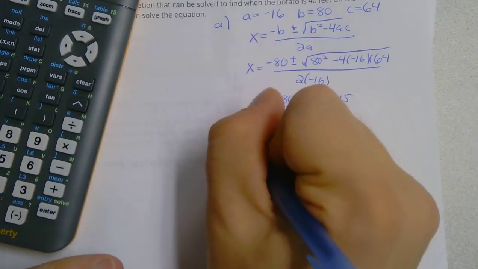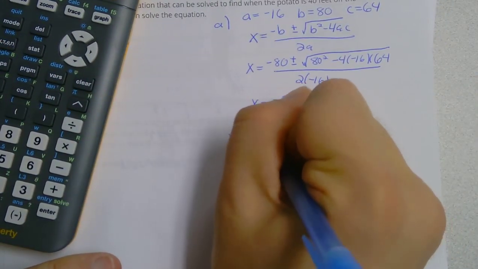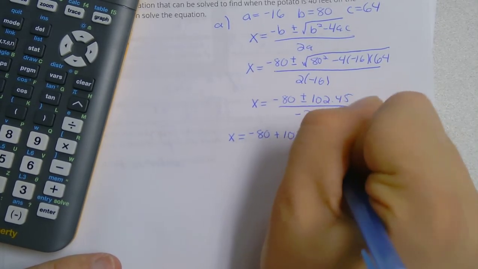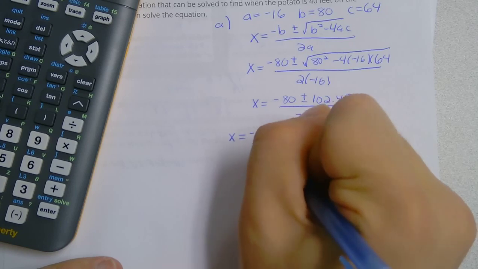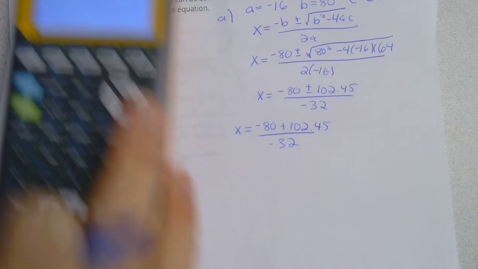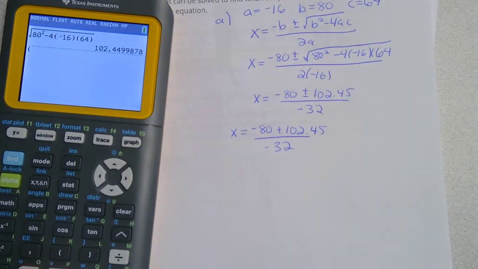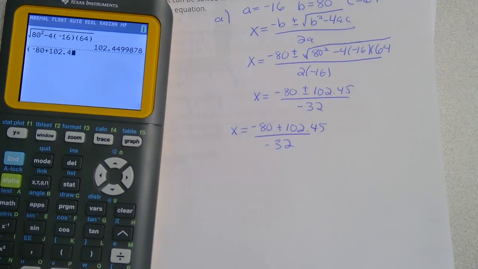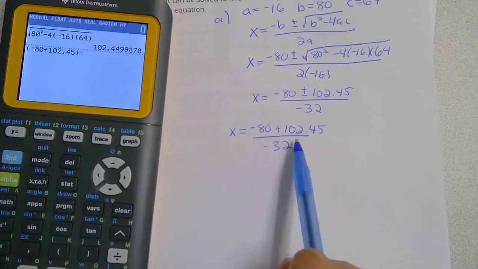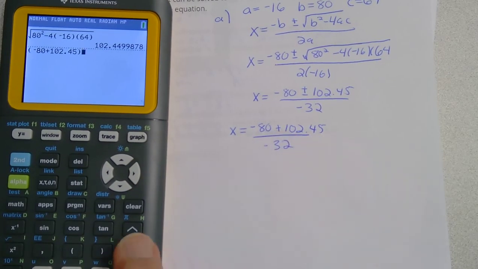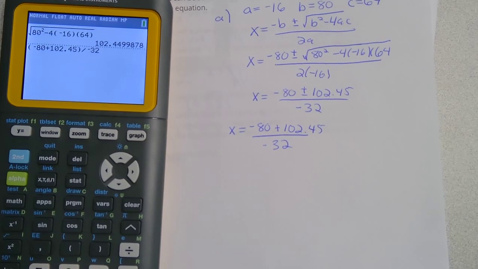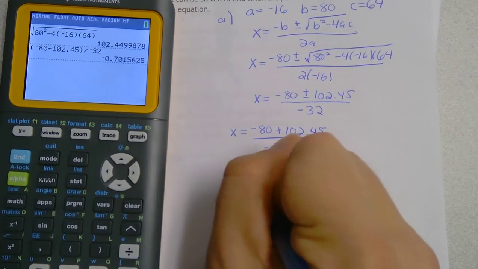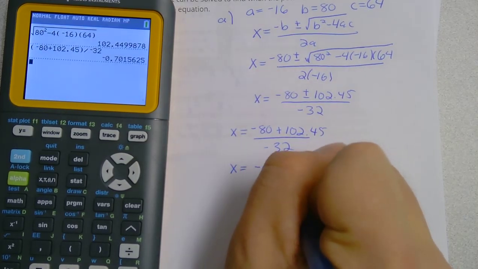I'm going to break that up: x equals negative 80 plus 102.45, divided by negative 32. I'm going to calculate that, so I'm going to put parentheses around negative 80 plus 102.45, because I have the division bar, so I need to add those first and then divide by negative 32. And this is x equals negative 0.70 seconds.